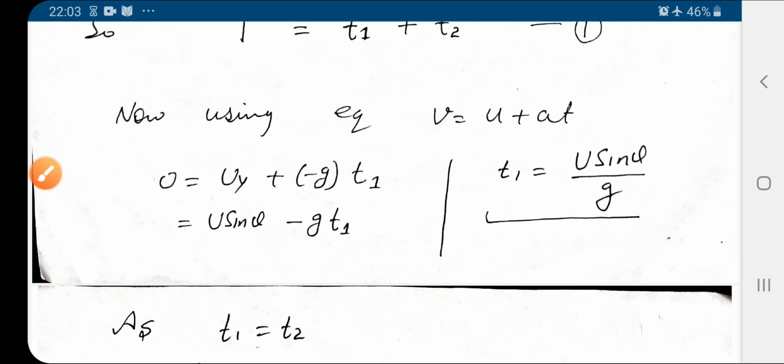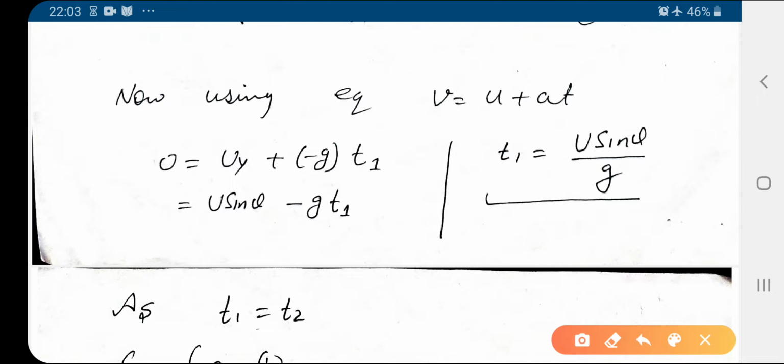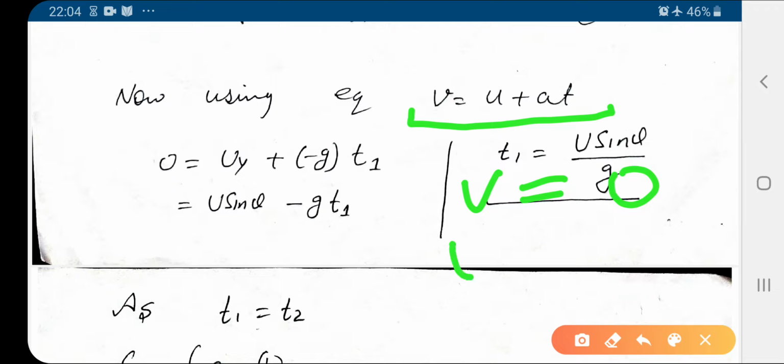For that, now using a very simple equation of motion, that is v = u + at. Now v is the final velocity, and at maximum height the final velocity will be 0, because at maximum height the object will stop for a nanosecond or very small part of a second, and u is the initial velocity.